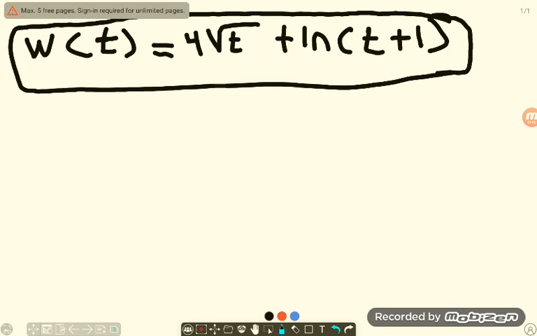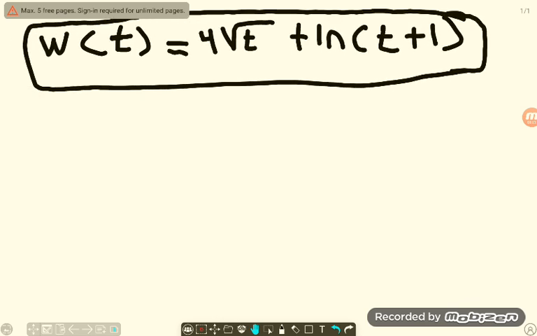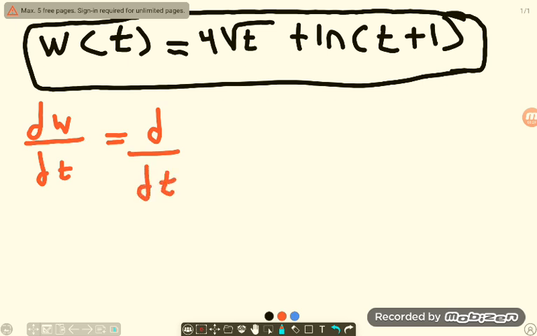Alright, so it said that it wanted the instantaneous rate of change. Well, that is nothing but the derivative. So first of all, let us differentiate this function with respect to time. So dw/dt, the derivative of w with respect to time, is equal to the derivative with respect to t of this beautiful function.